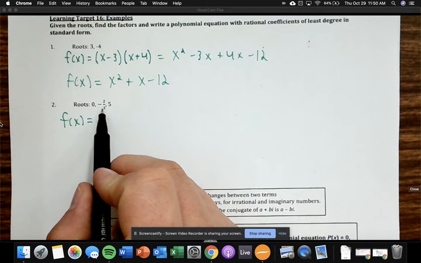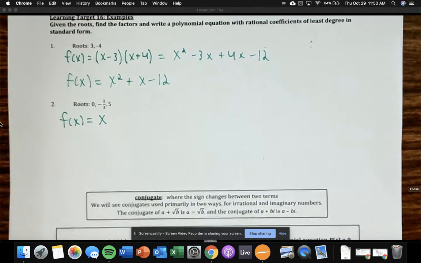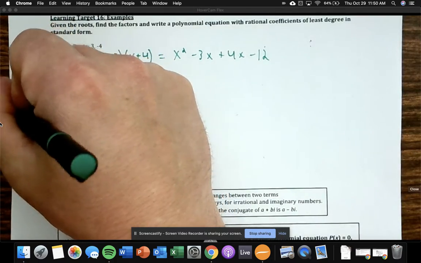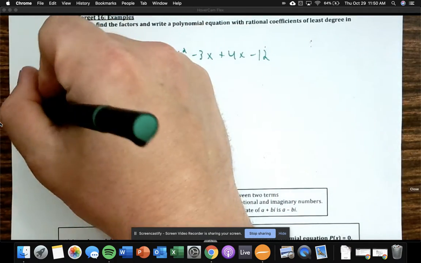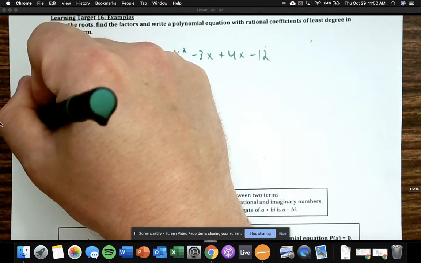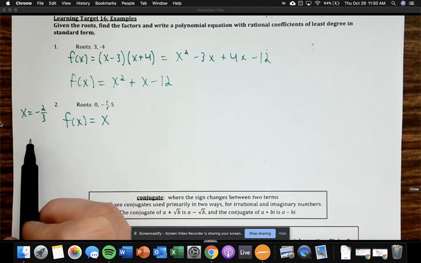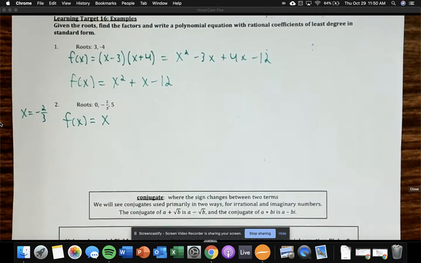Now we got to think, how do we get a negative 2/3? Well, if we think about how we find the roots given the factor, we can work backwards from that. This is saying the root is when x is equal to negative 2/3, and what I want to do is solve this equation so that I'll have a 0 on one side.